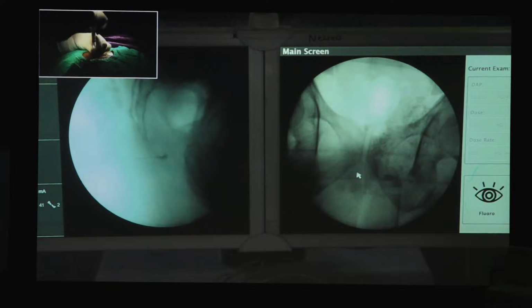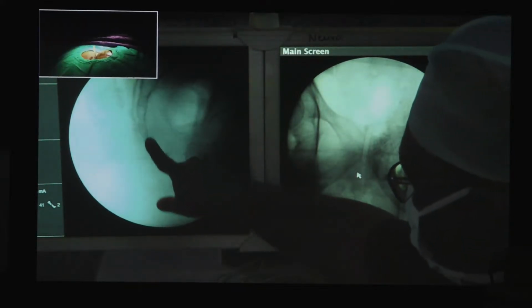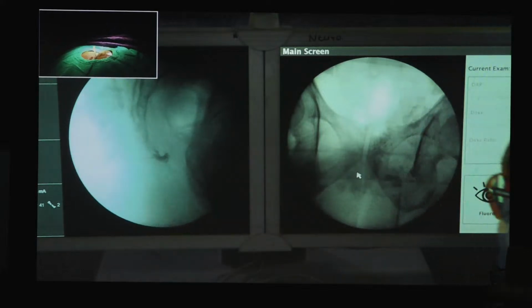Yeah, the dye should be only anterior to the coccyx and the cranial spread is there. So this is how we confirm it.